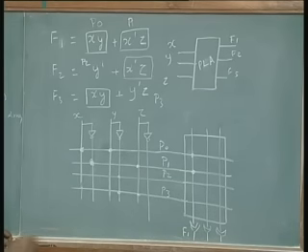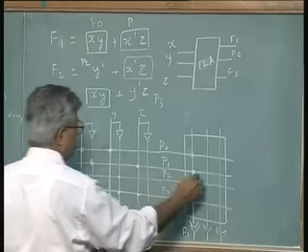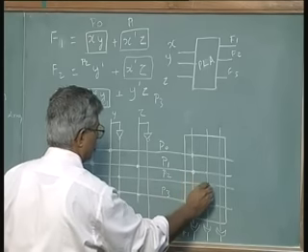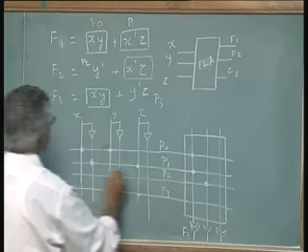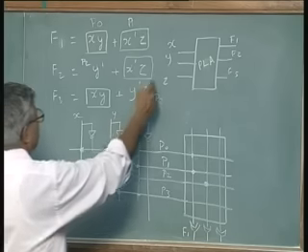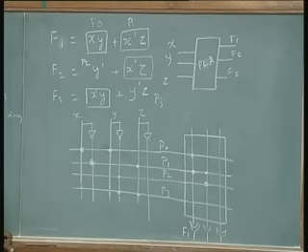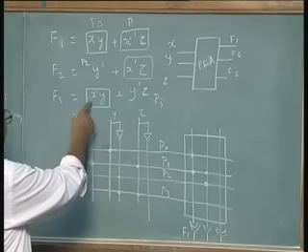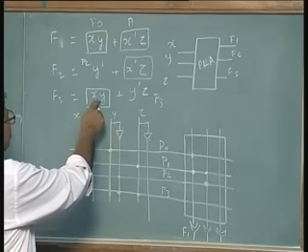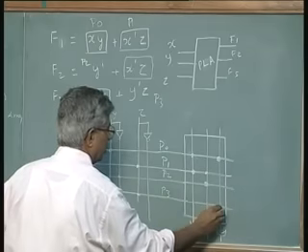Second term F2 would be P1 or P2. F3 would be, this xy is the same as P0, and P3.